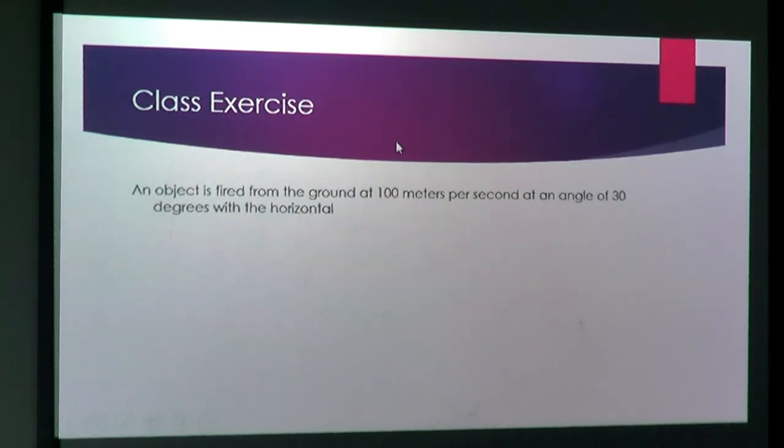An object is fired from the ground at 100 meters per second at an angle of 30 degrees with the horizontal.